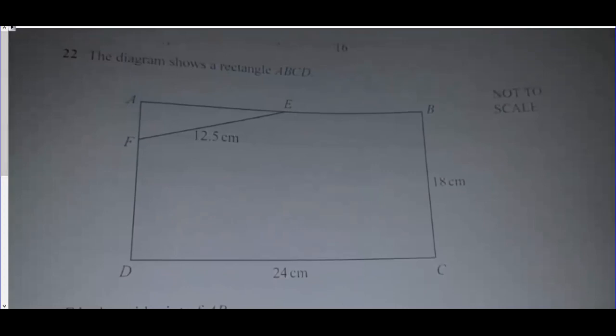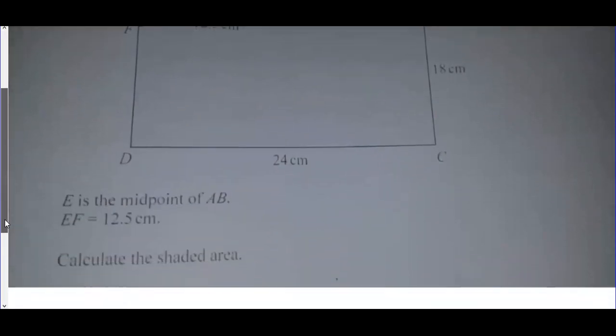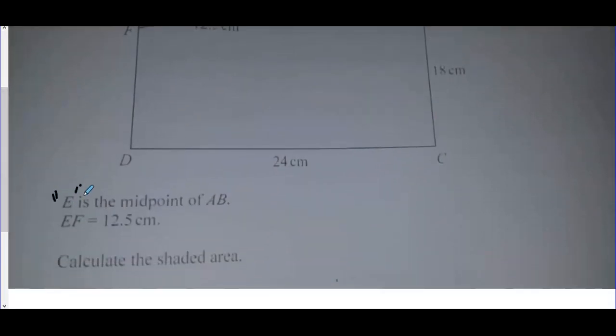The diagram you see here shows a rectangle, ABCD. Now, if this is a rectangle, you know that from here to here will be the length, and from here to here will be 18. Now, what is this AEF? Okay, they are saying that E is the midpoint of AB.